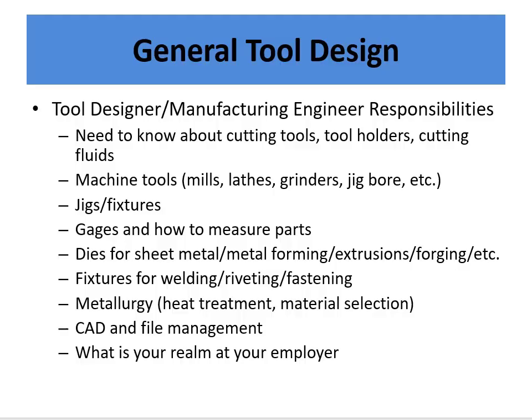And it's a pretty wide range. A good manufacturing engineer, a good tool designer, is going to have to know a lot of little details about a lot of equipment. This list here doesn't cover everything, but it covers a good amount. A lot of parts are made through these methods, whether it's the typical mill and lathe, wire EDM, or bulk forming processes.